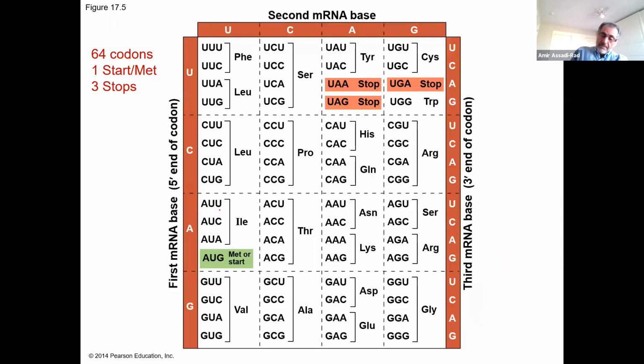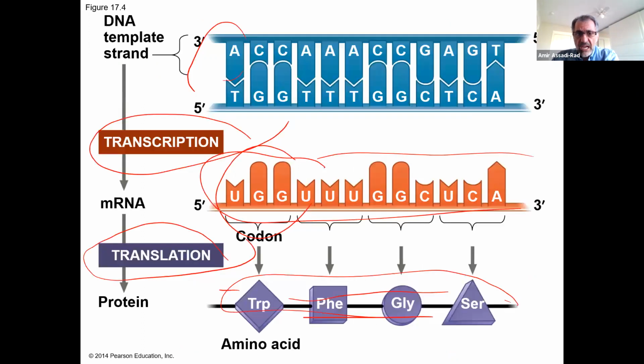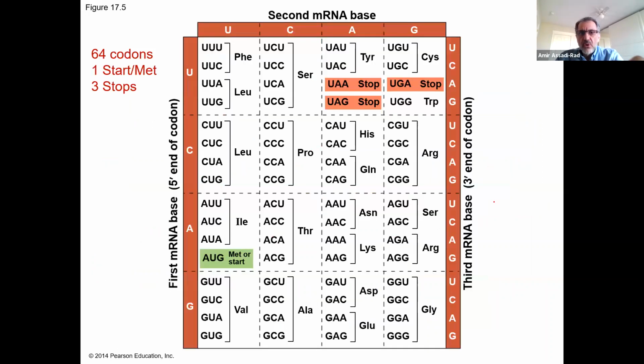Okay, so Amir, the question is, how do you know UGG is tryptophan? How do you know UUU is phenylalanine? How do you know GGC is glycine and UCA is serine? They call it the codon table.